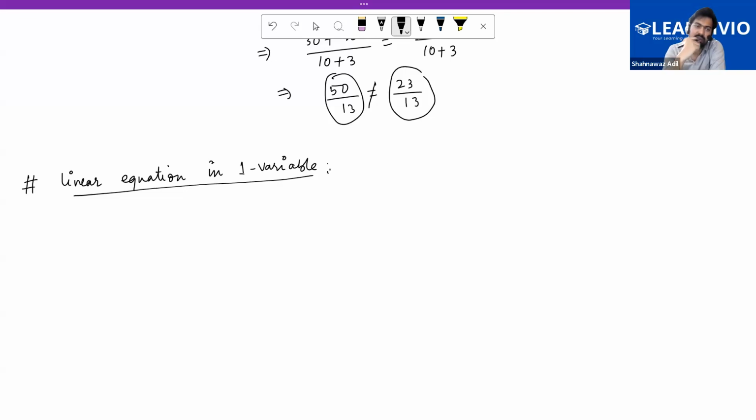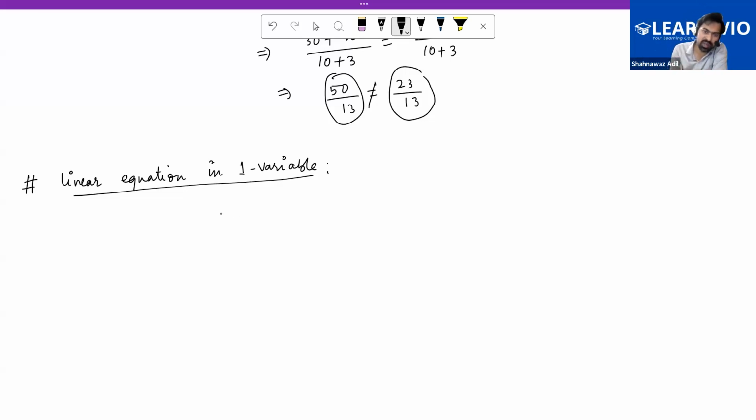It has operations. An equation will have two sides, left hand side and right hand side, with some operations, and they are related by an equality sign.